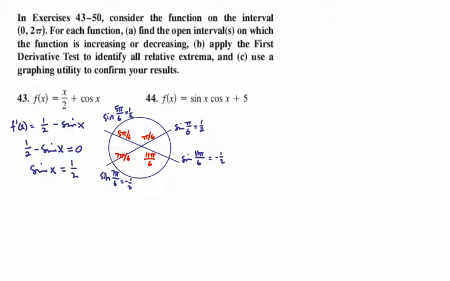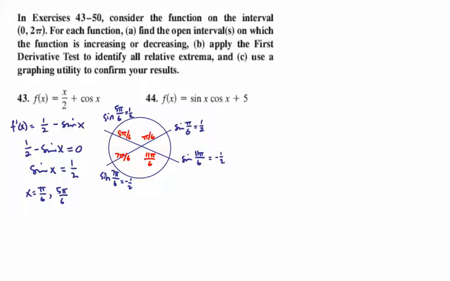Sine is positive when y is positive. Sine is negative when y is negative. So the answer here, sine will be 1/2 when x is equal to pi over 6 and 5 pi over 6.